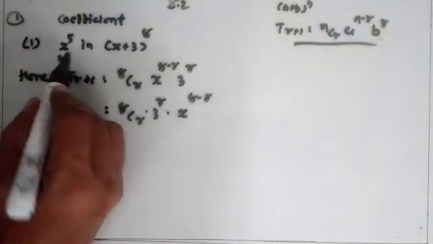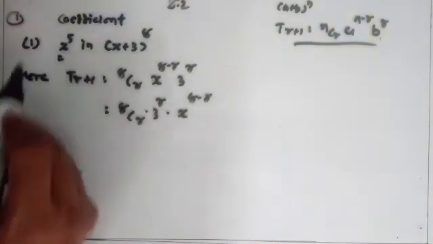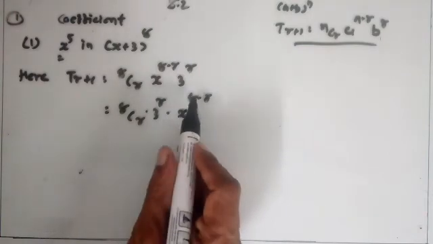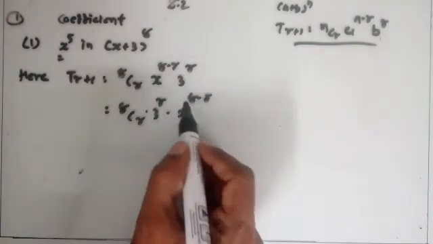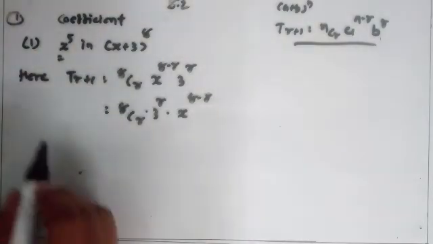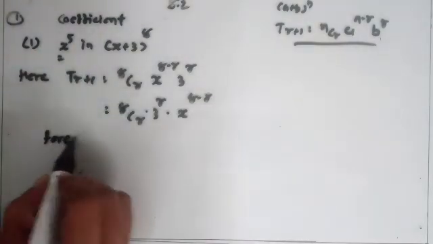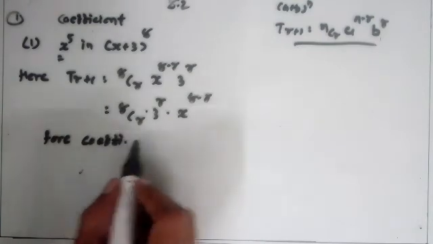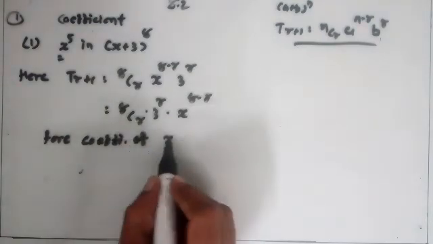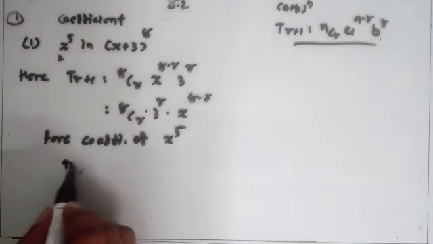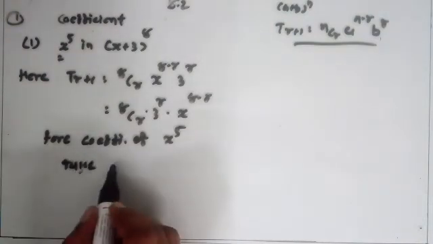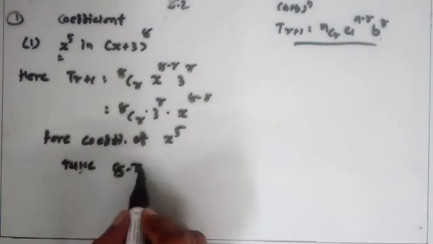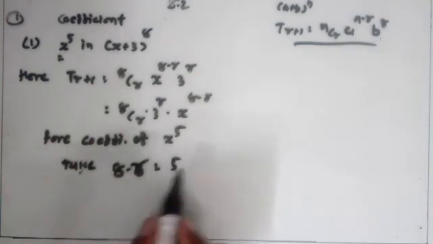Here we want the coefficient of x^5. We compare 8 - r with 5. For the coefficient of x^5, take 8 - r is equal to 5.